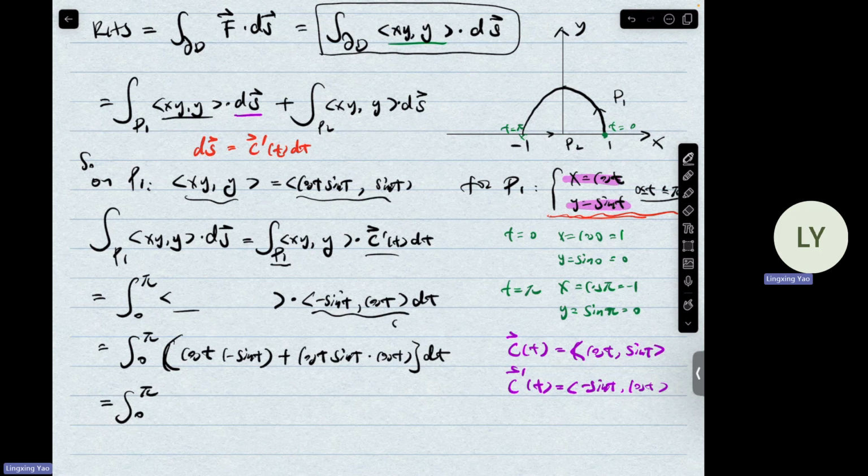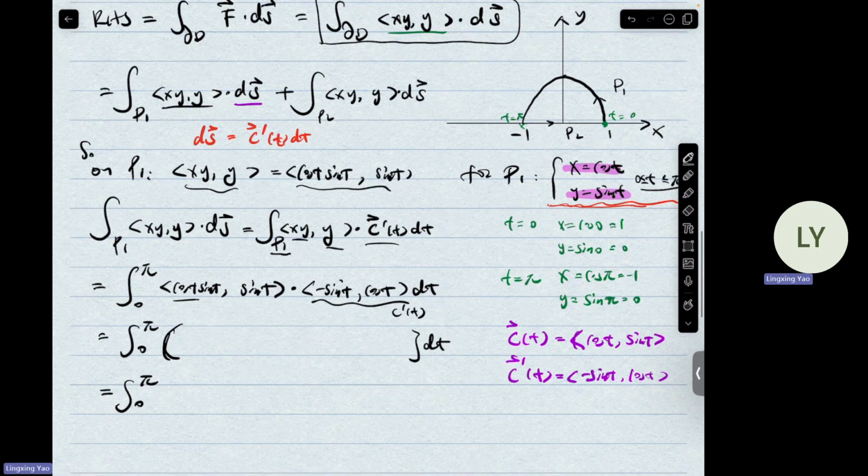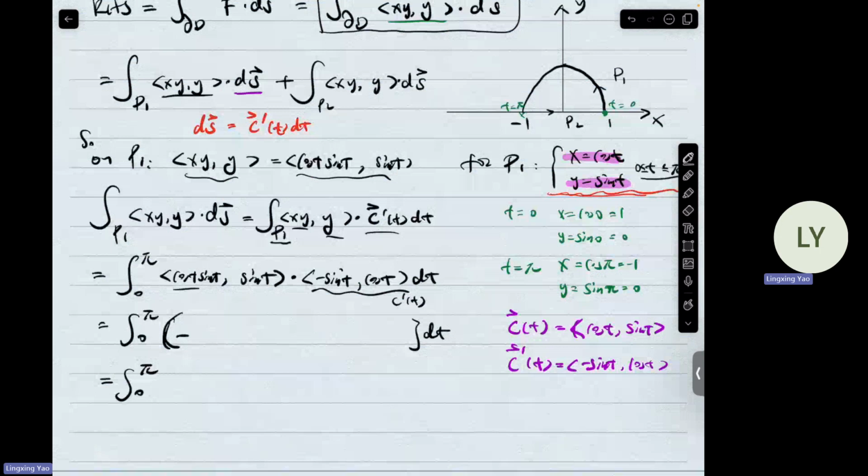This is the velocity vector along the path, and x times y is supposed to be cosine t sine t, and y is sine t. So now we have to compute it correctly here: negative cosine t sine squared t plus sine t cosine t.